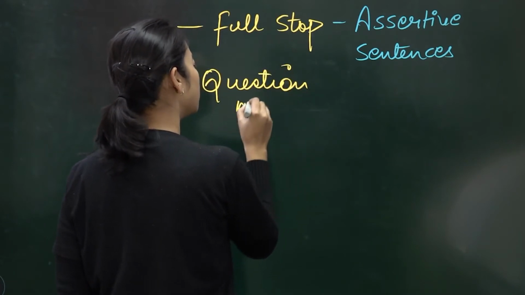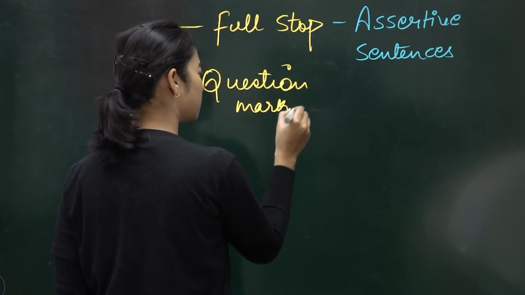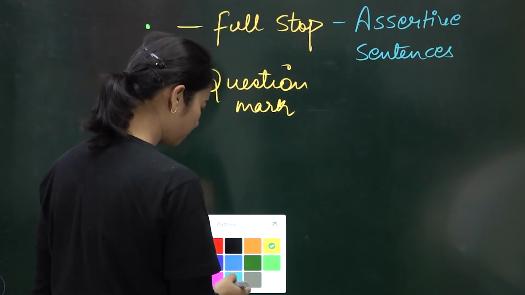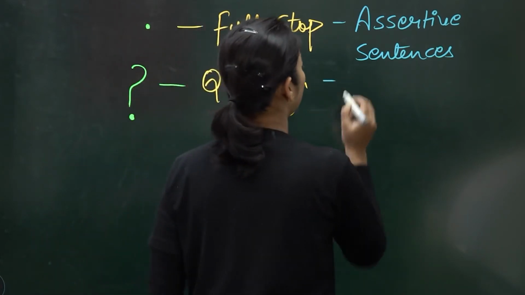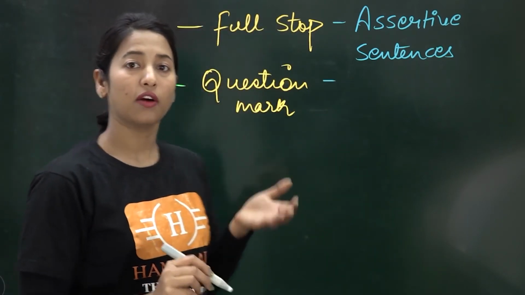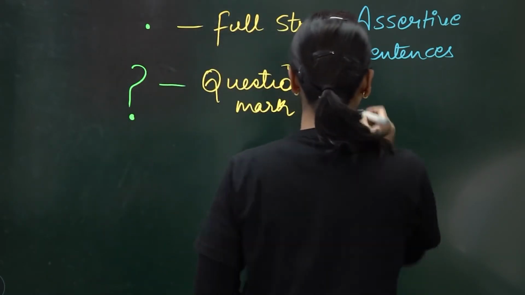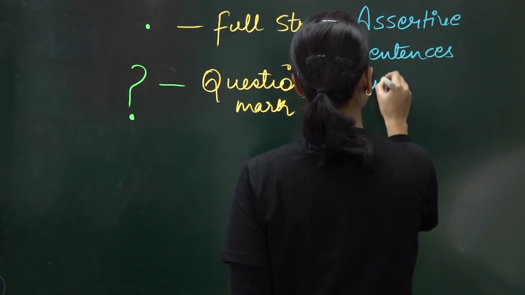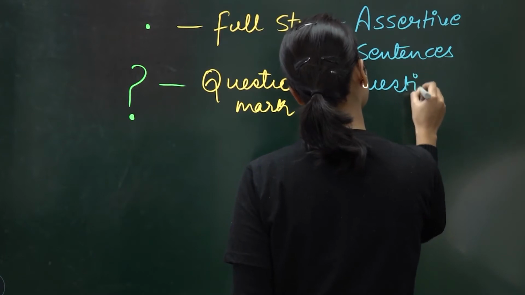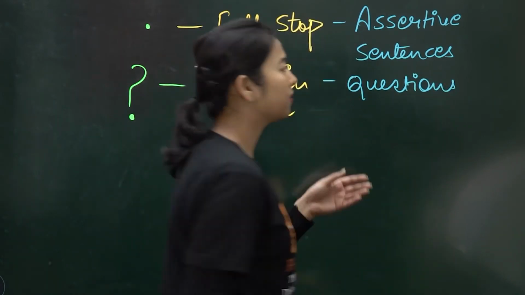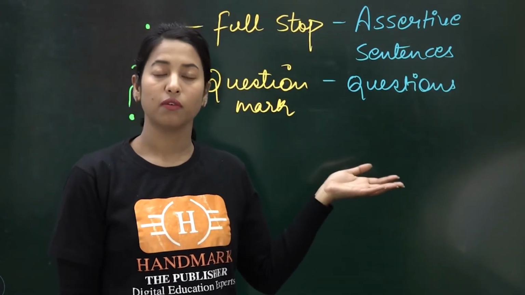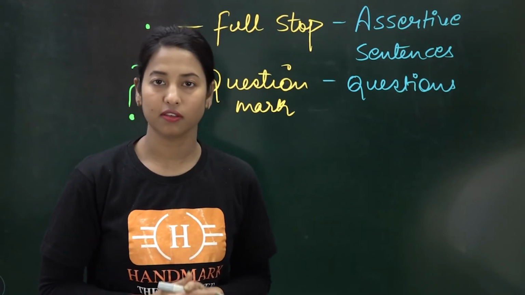We call it a question mark, and we use a question mark after every question. So these sentences are also known as questions, and we call them interrogative sentences also.